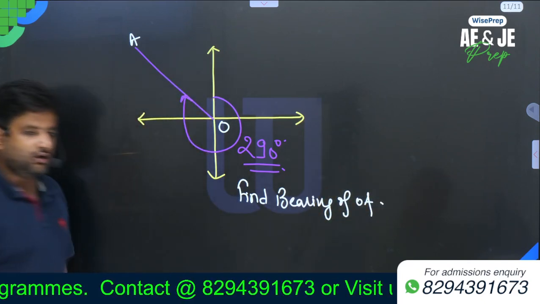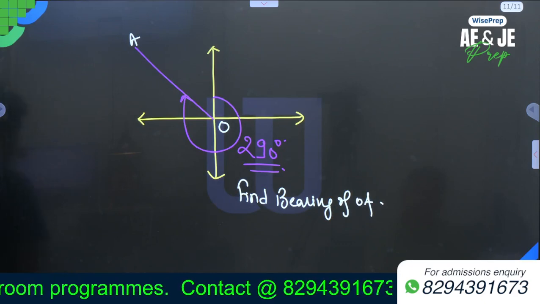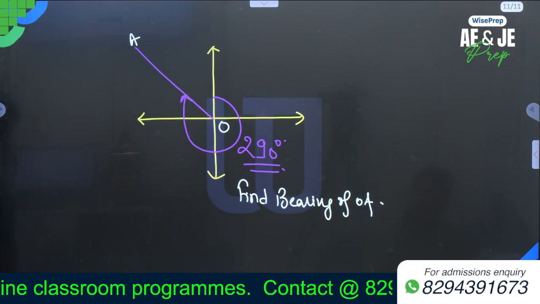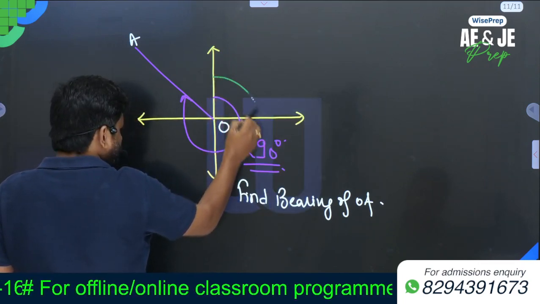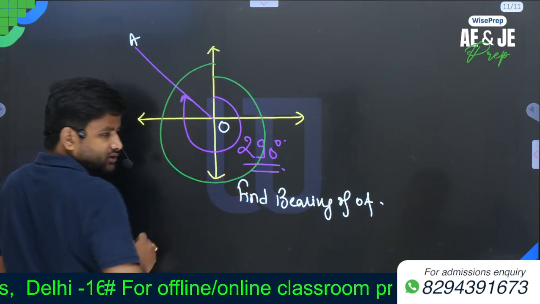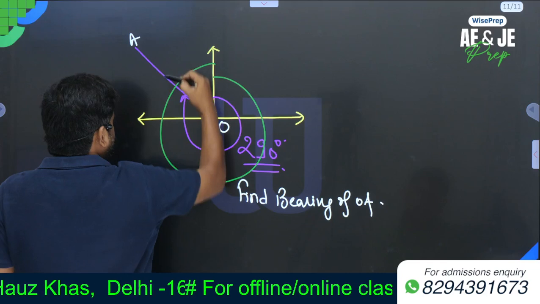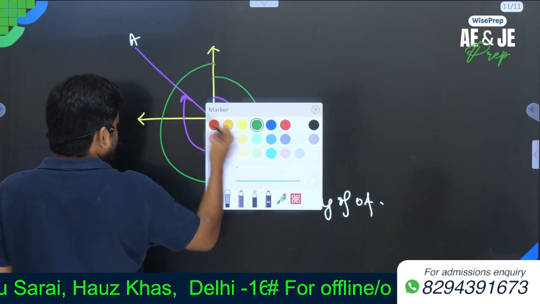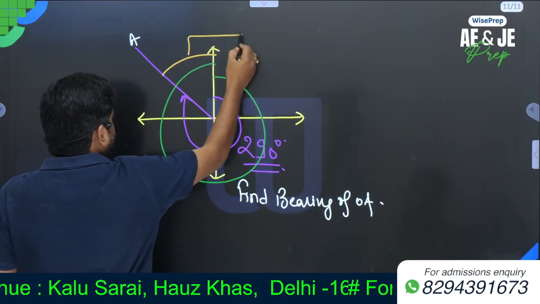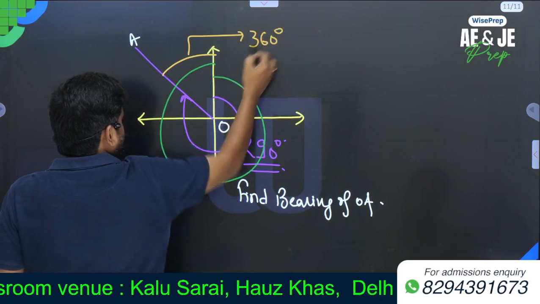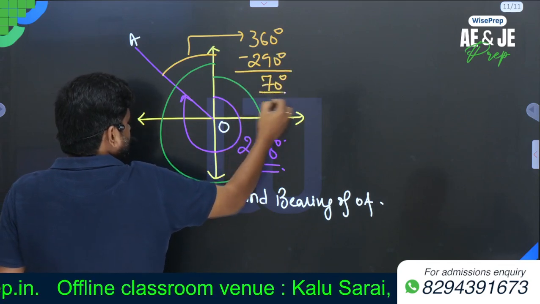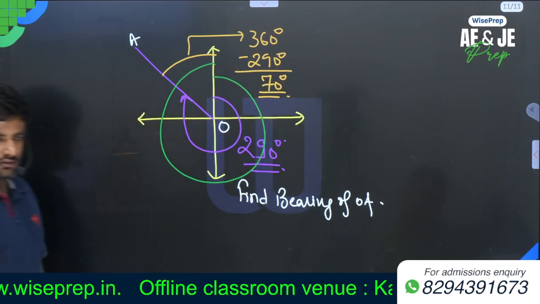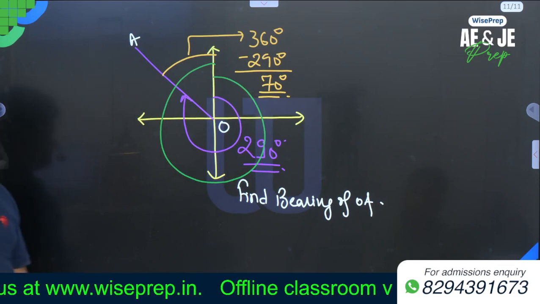What will you say the bearing of OA is? Very good. This is 360, this is 290, so obviously this will be 360 minus 290. That's equal to how much? 70°. All right, so write down.